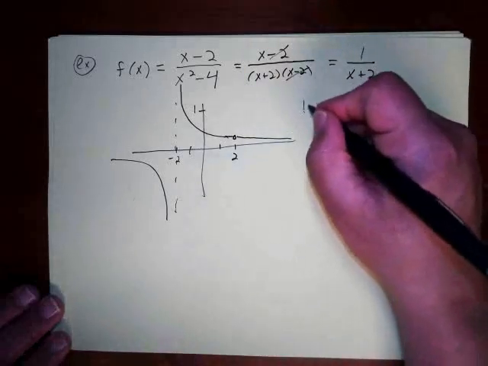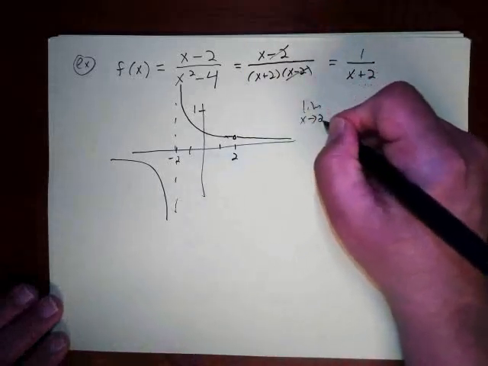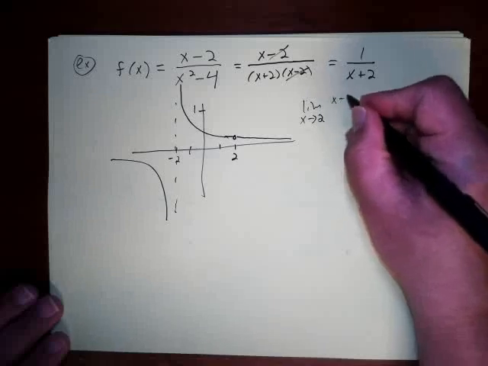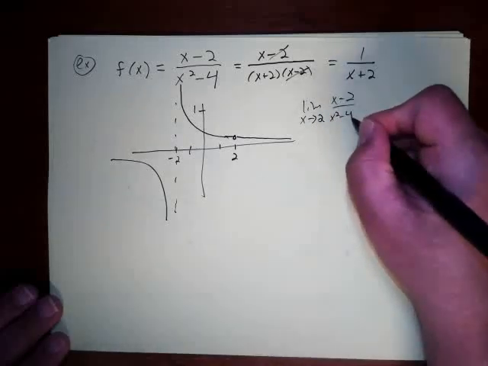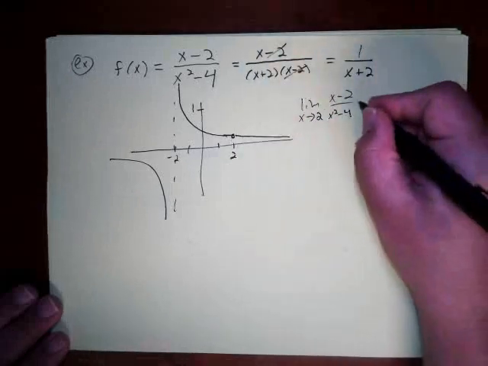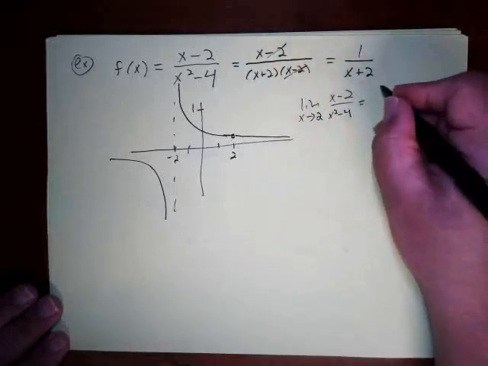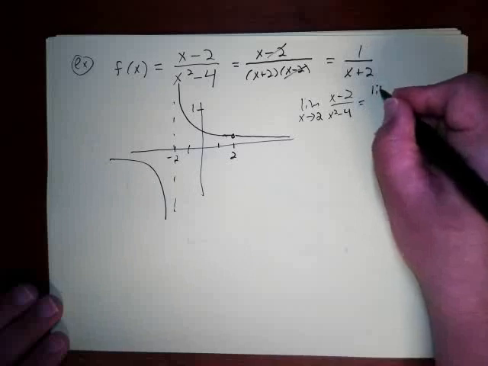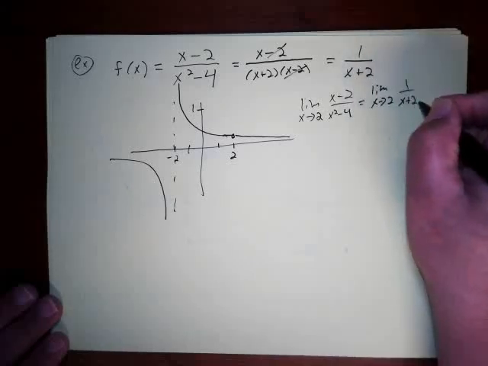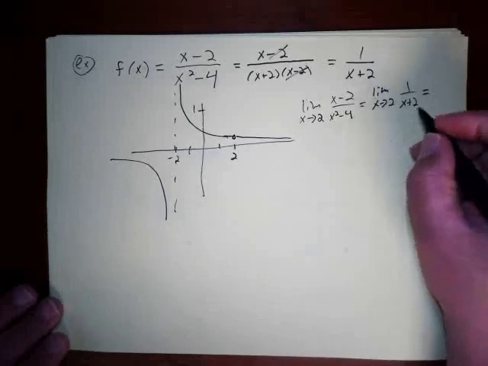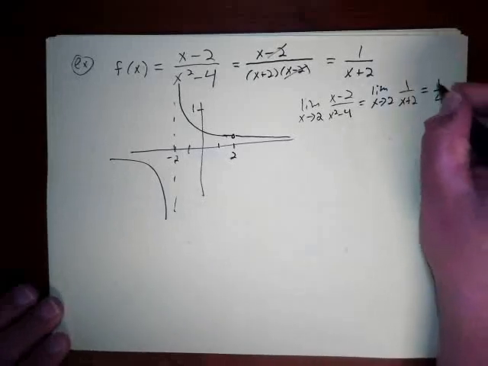the limit would exist. So the limit as x approaches 2 of x minus 2 over x squared minus 4, this actually exists, because this is equal to the limit as x approaches 2 of 1 over x plus 2, and now I can just plug it in and I would get 1/4.